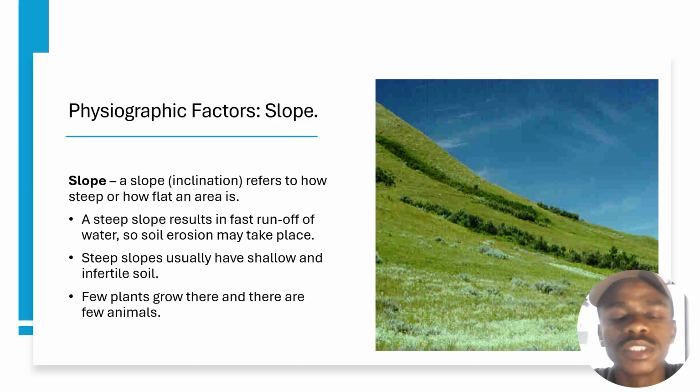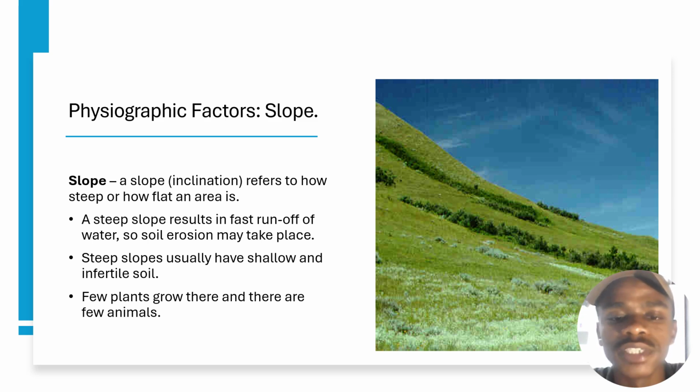The slope simply means how steep or flat an area is. If an area is highly steep, the water there won't be absorbed by the soil when there is rain, but will just run off the slope, which causes soil erosion.